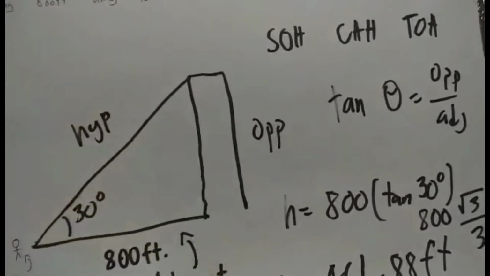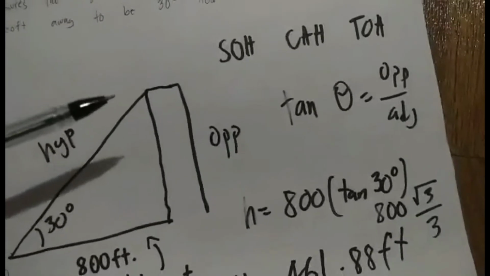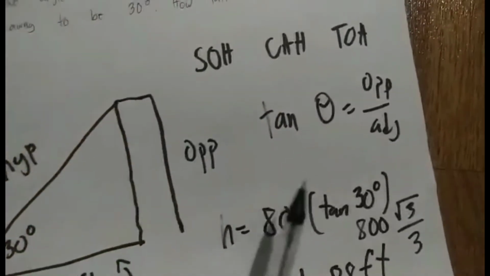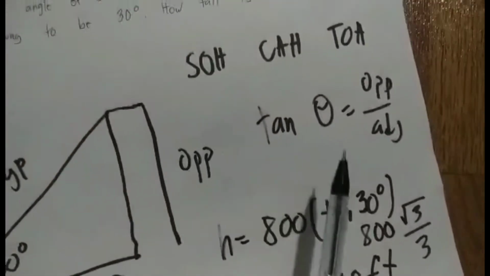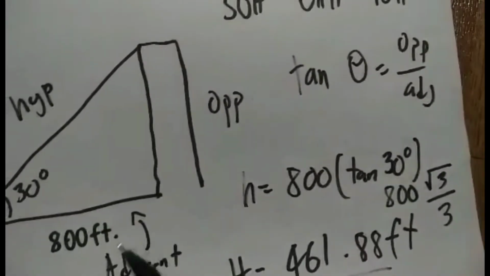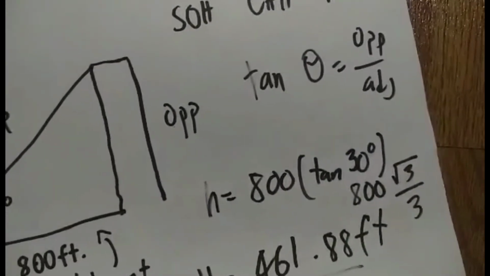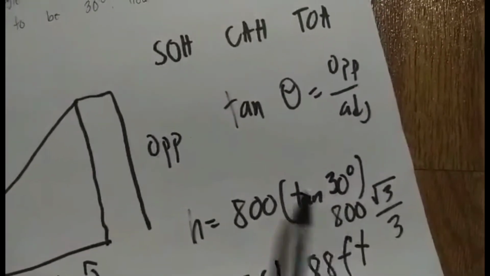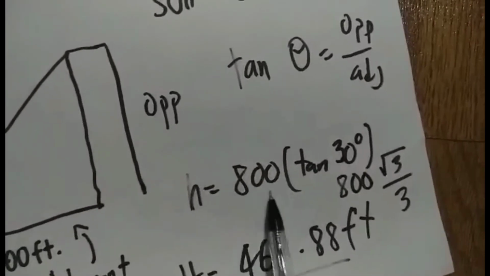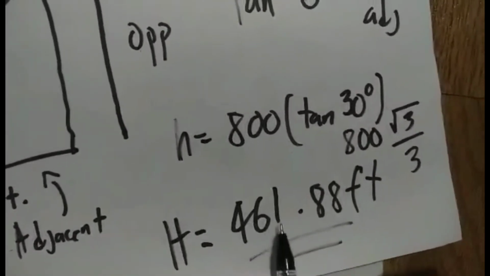So this is the opposite, adjacent, and hypotenuse. So we're going to use the tan, opposite over adjacent, because the hypotenuse is missing. So we're going to use this equation, and then if we write it down in the calculator, this is what our final answer will be.